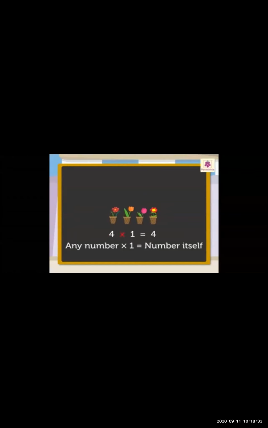Now, 4 into 1 is equal to 4. So, here we multiplied the number 4 by 1 and we got the answer as 4. That is the number itself. I liked learning the multiplication properties at Rosie's flower shop. Didn't you?